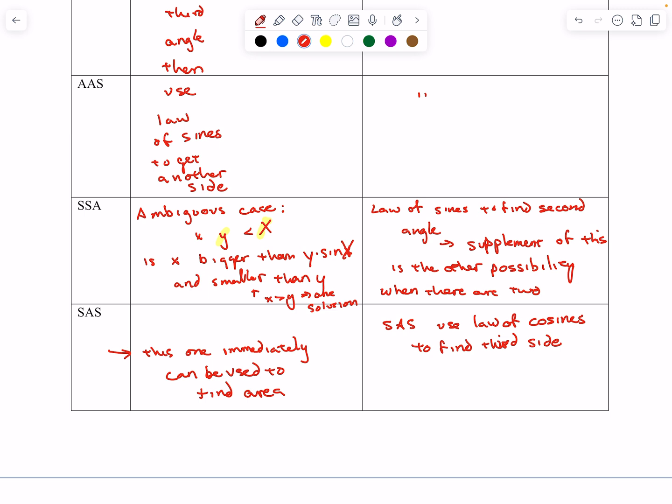You use the law of cosines for the third side. Yeah, I can't write. Oh, sorry.